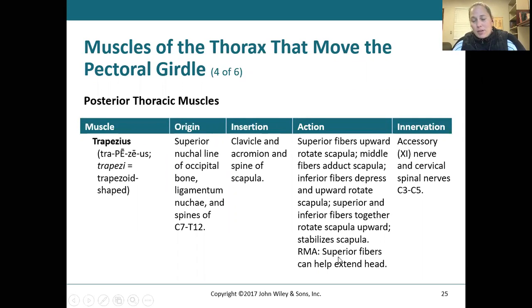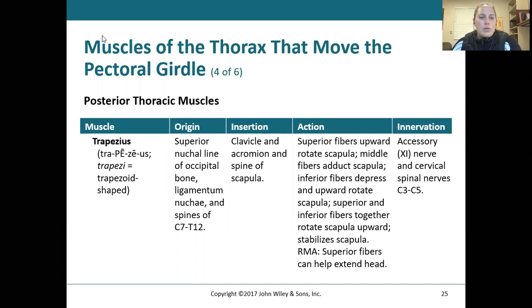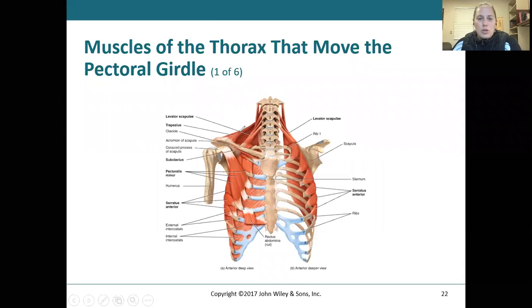You can see there's a very close interaction here with the scapula. Superior fibers can help extend the head. Innervation is accessory nerve 11 and cervical nerves C3 through C5. Okay, so your trapezius is right here.